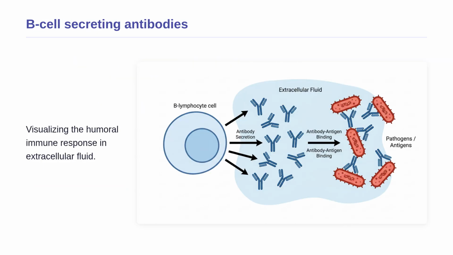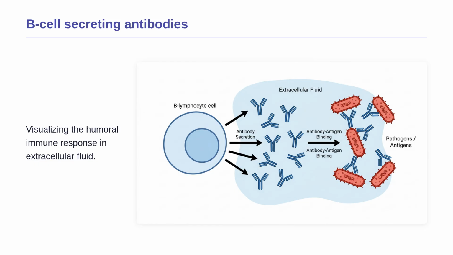Having calculated the binding strength, let us visualize what this actually looks like in the body. In this diagram, you are looking at the humoral immune response in action. On the left, we have the large B lymphocyte. Notice the arrows indicating that it is actively secreting those Y-shaped molecules, which are the antibodies, into the light blue extracellular fluid.